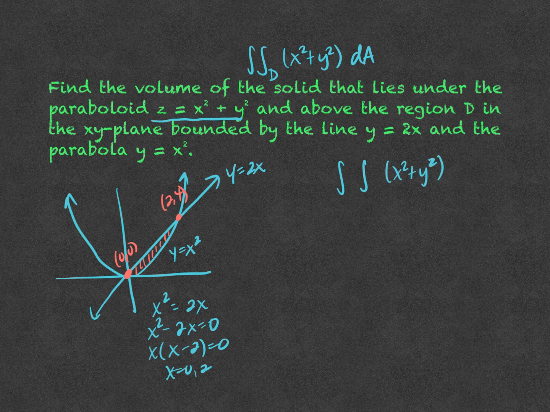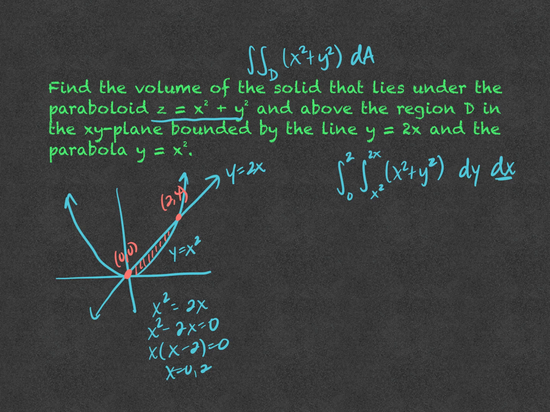Now again, this is a type 1, so I'm going to put a dy and then a dx. The dx has to go last because my bounds go in terms of x. Now the upper bound is 2x and the lower bound is x squared. And because our outside bounds are in terms of x, they're going to go from 0 to 2.